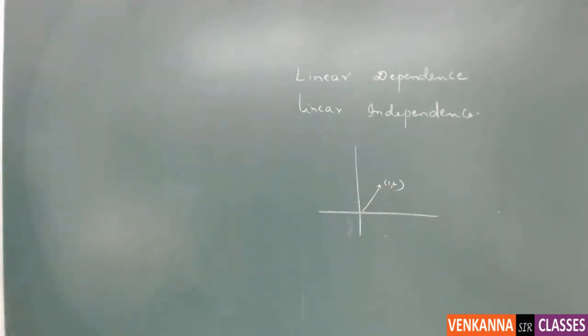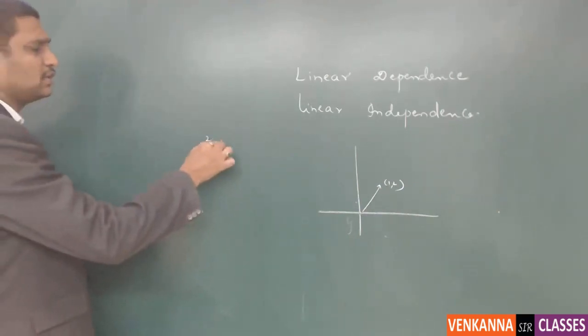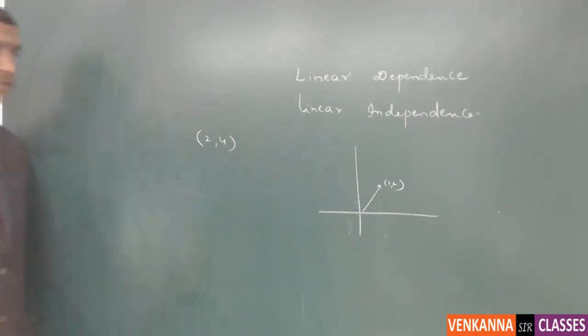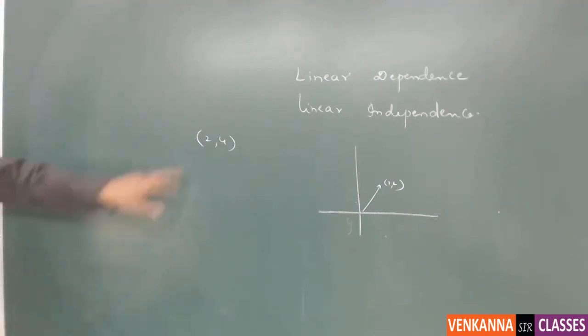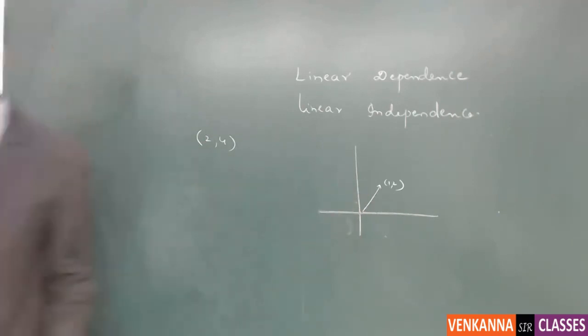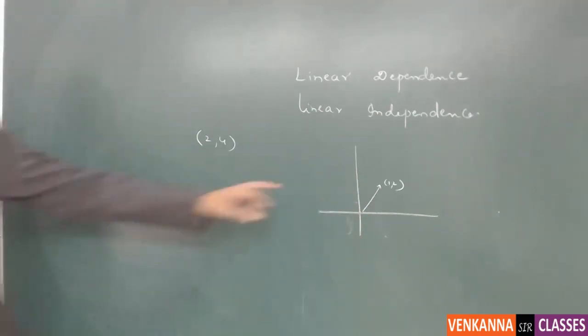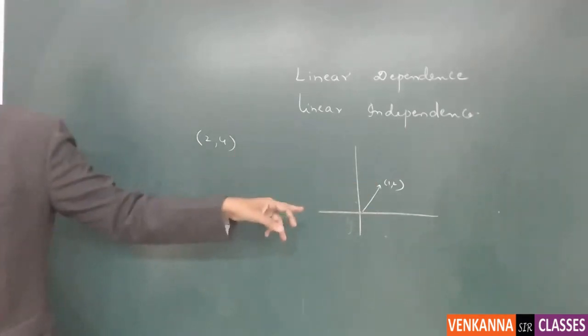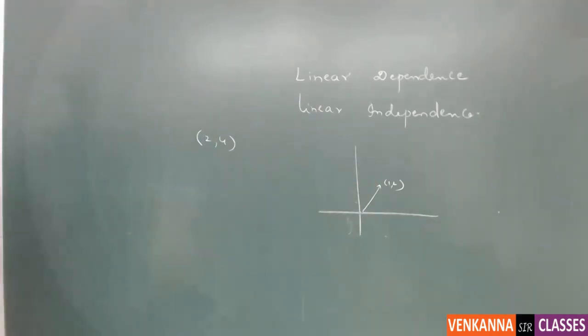So this is the vector 1, 2. Now I am taking another vector 2, 4. So is this point lie on this vector or not? In other words, these two values belong to the same line or not?